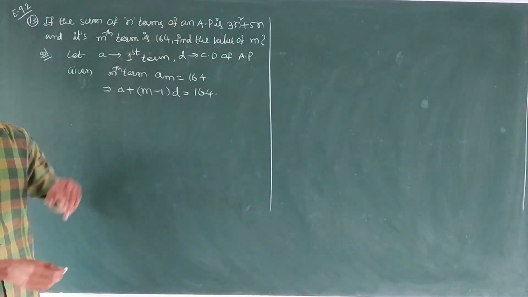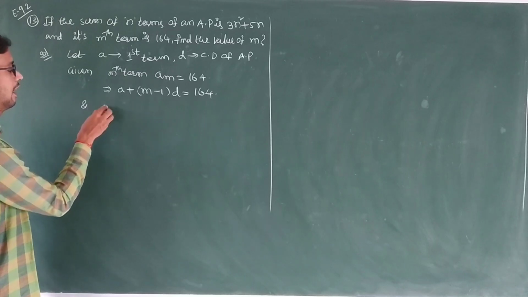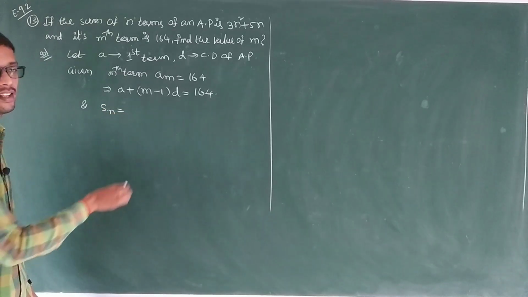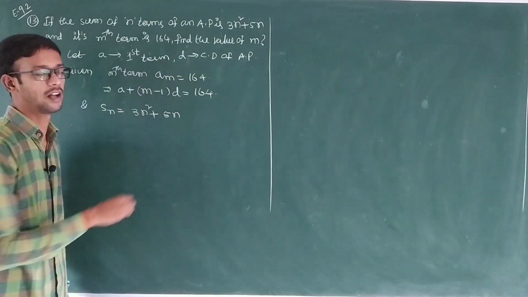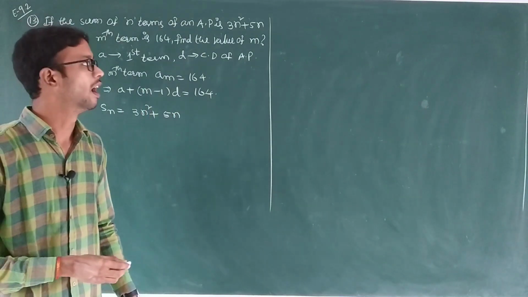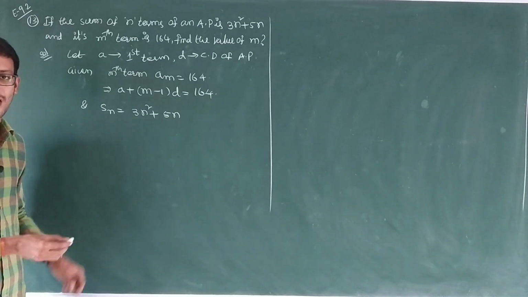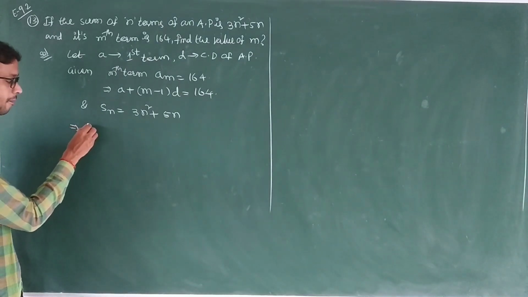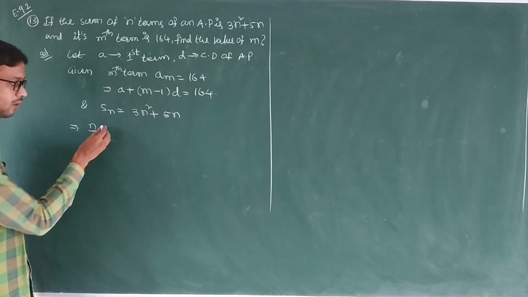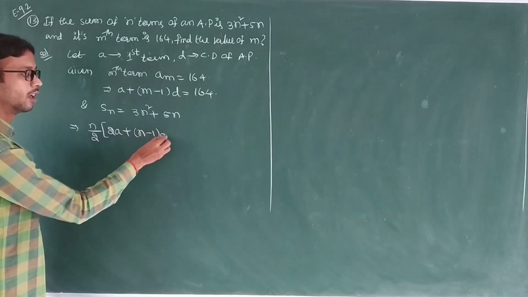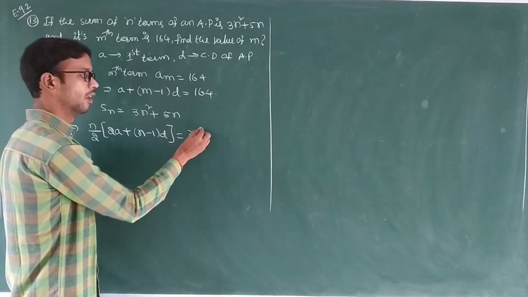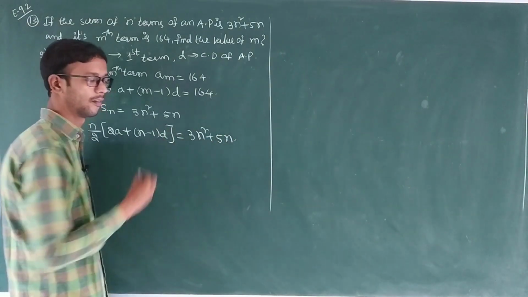One more also they given: sum of n terms, and Sn is equal to what they given? 3n² + 5n. Sum of n terms of arithmetic progression, Sn formula we know. Write down the formula: n by 2 into (2a + (n − 1)d) is equal to 3n² + 5n.